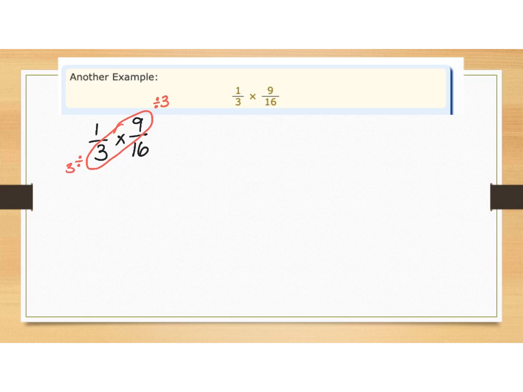If you were to divide 3 by 3, you would come up with 1. And if you were to divide 9 by 3, you would come up with 3.